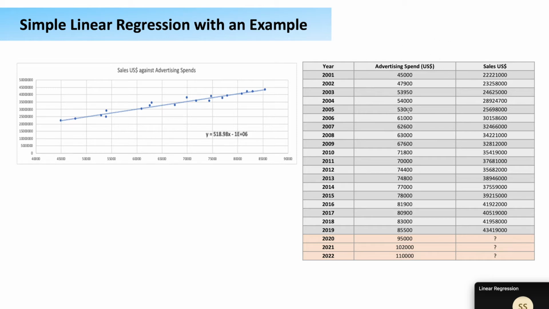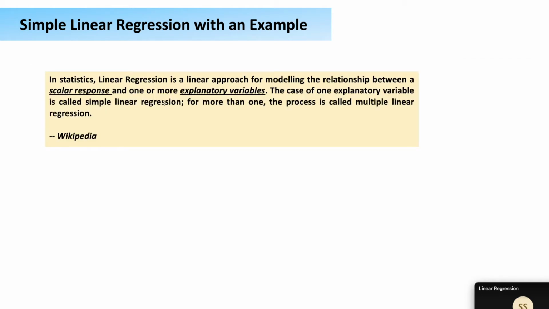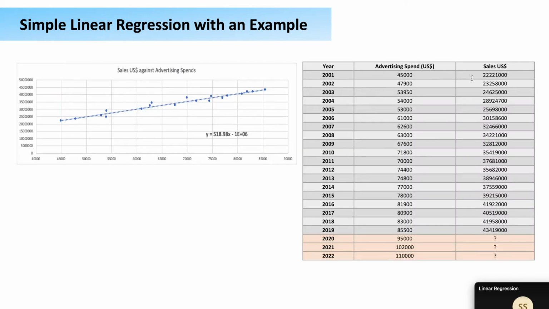Our advertising spend is the explainer variable. So if you look at the definition again, the explanatory variable is our advertising spend and sales is the scalar response variable. Okay, and we are looking for a linear relationship which is going to be in the form of a linear equation that we have learned in schools, right?